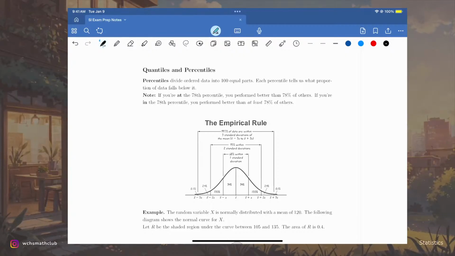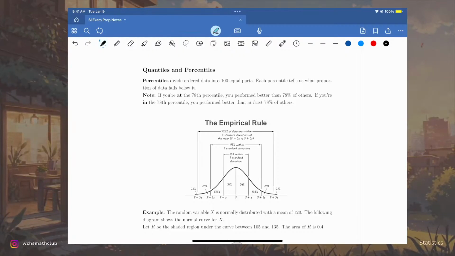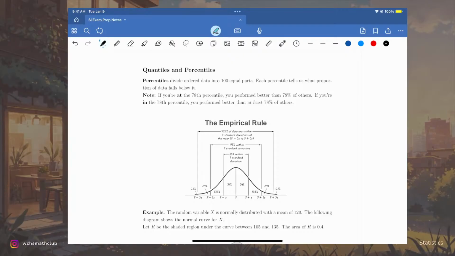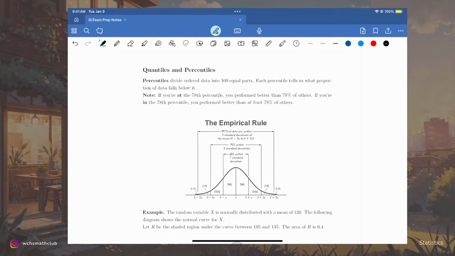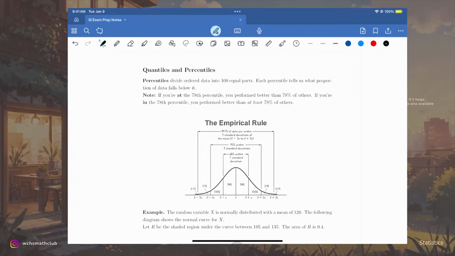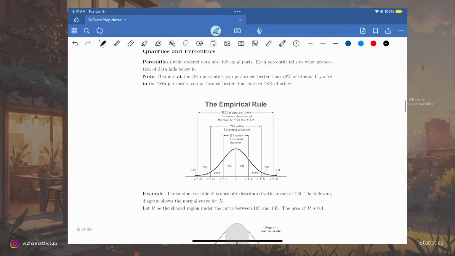If you're within the 78th percentile, you perform better than at least 78% of all data values. And then quantiles would simply be the reverse of that. So quantiles would be like if you're within the first quantile, that means you're within the top 1%, and then at the second quantile, it'd be better than 2%.